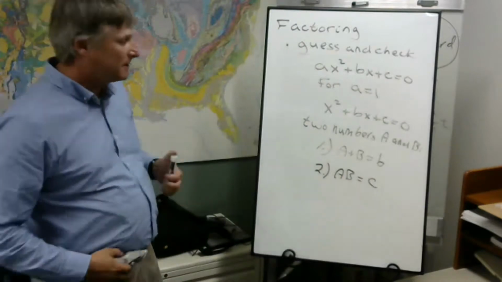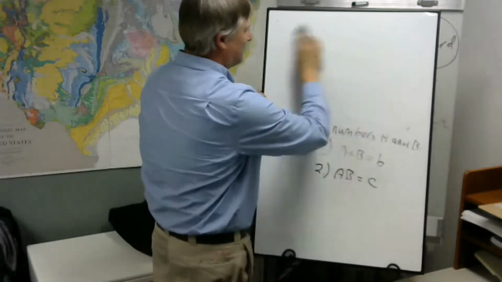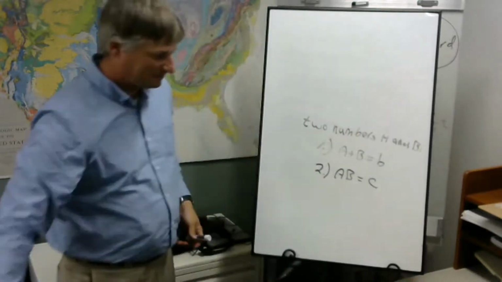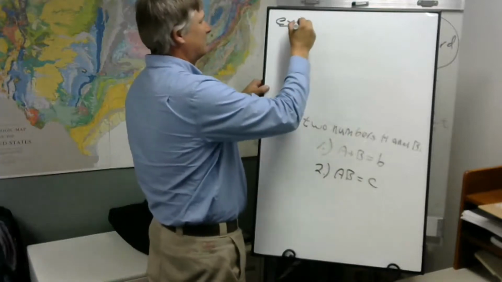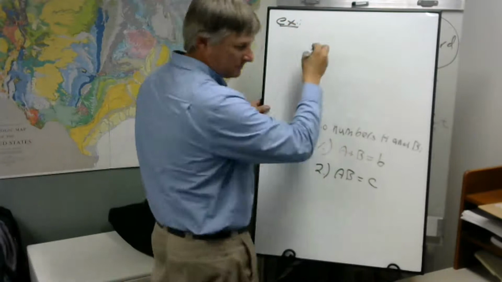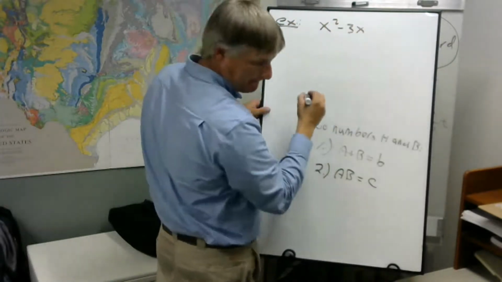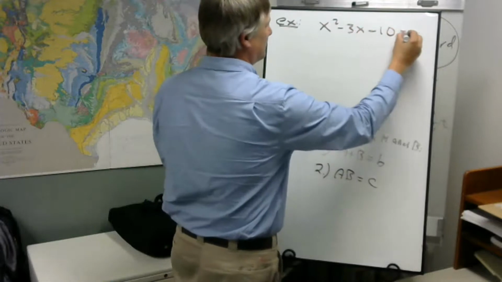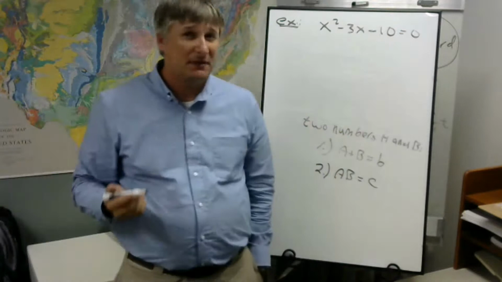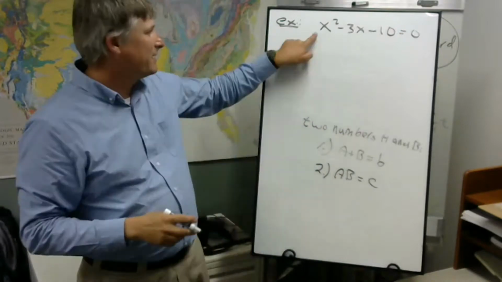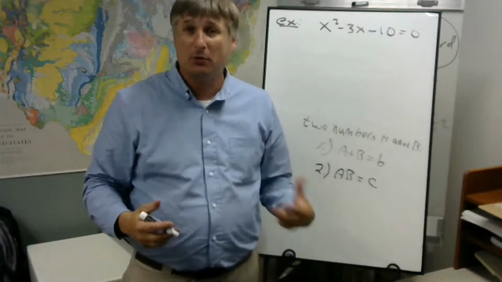Now, let's do an example. So to factor this using the guess and check method, we want to make sure that we have an x squared that has a 1, or an invisible 1, as a lead coefficient.